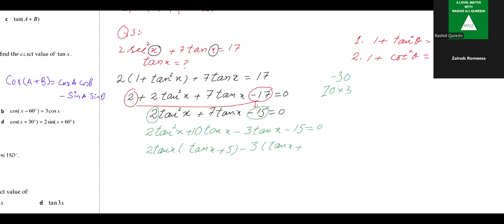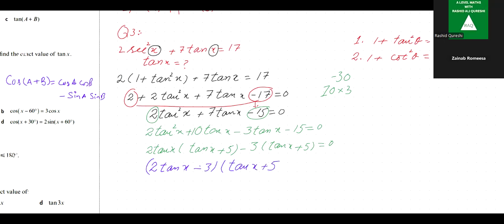So I will get the two brackets. The first bracket in this case is 2 times tan of x minus 3, and the second bracket in this case is tan of x plus 5.